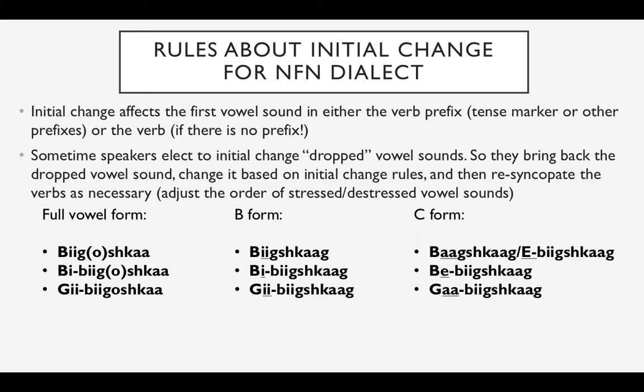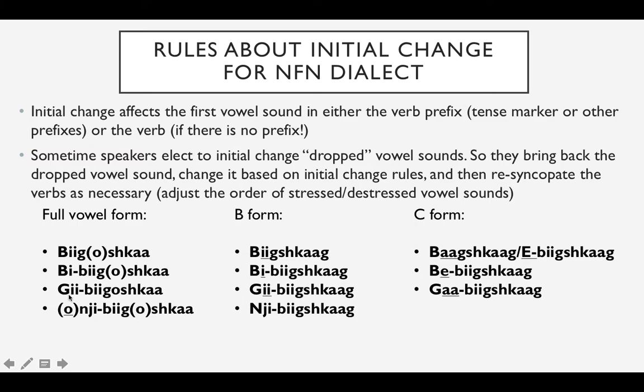All right, moving on here. We have onjebigoshka. So we have an O sound here, a secret O sound there, secret O sound here. So again, which vowel sound are we going to change? It's going to be that O sound, remember? And so in the B form version, we don't pronounce that. But we need to bring it back for its initial change.